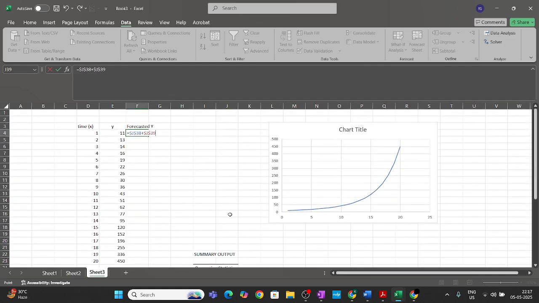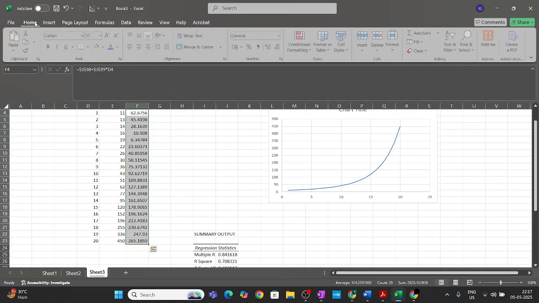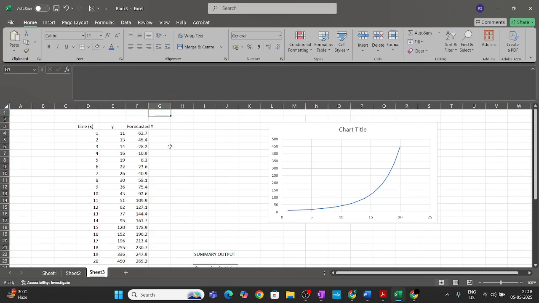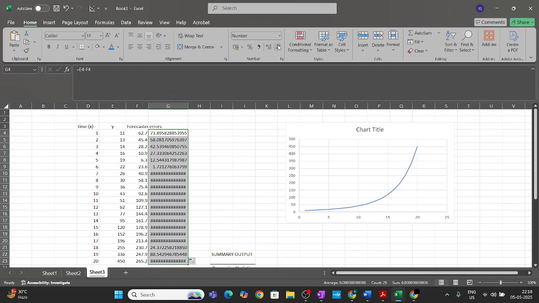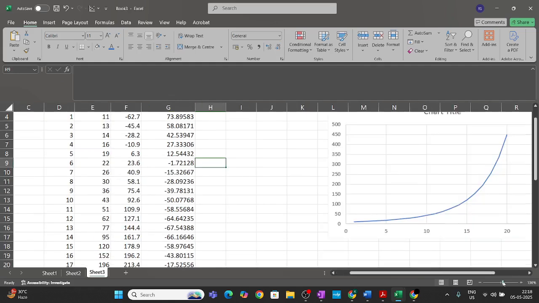Again, I'm going to freeze this into time. अब देखो एरर्स कितना है, अब देखते हैं एरर्स निकालते हैं. I'm going to zoom this for you.